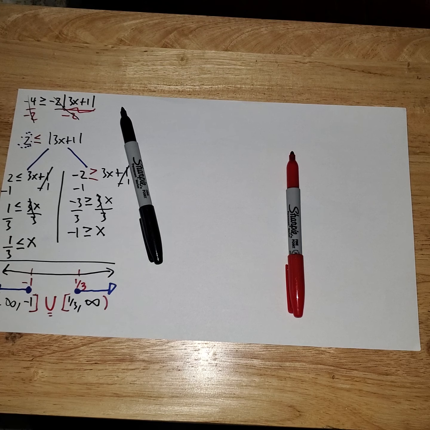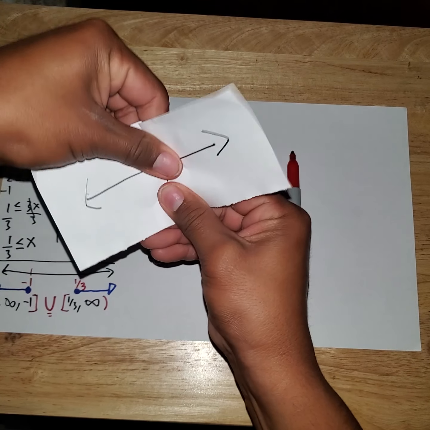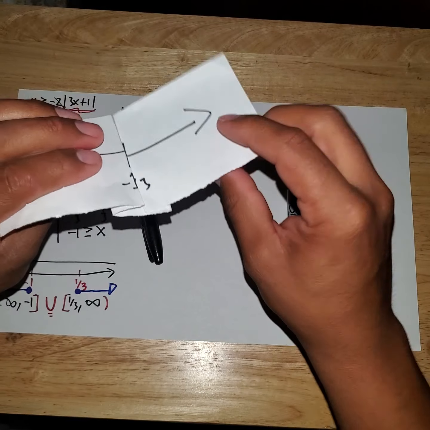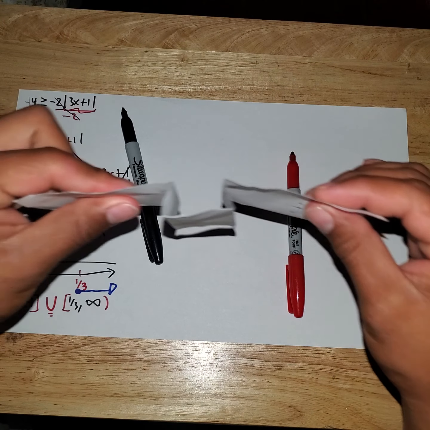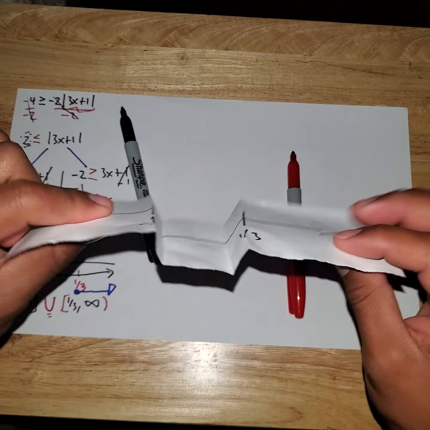Let me make that a little better. Sorry, I'm trying to fix it. So, we're unioning them together, and if you look there, they make a U. It's just like this U here, making a union.